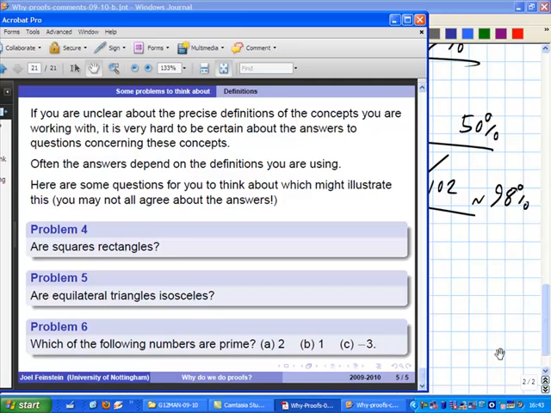And then we come on to the tricky issue of the number minus 3. Kind of a show of hands for who believes that minus 3 is a prime number. It's a small number. Let me ask you, how many of you believe that minus 3 is prime? Slightly more. I go along with there being slightly more on that one. And who believes that minus 3 is not prime?